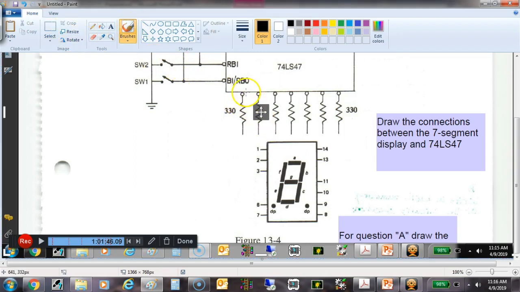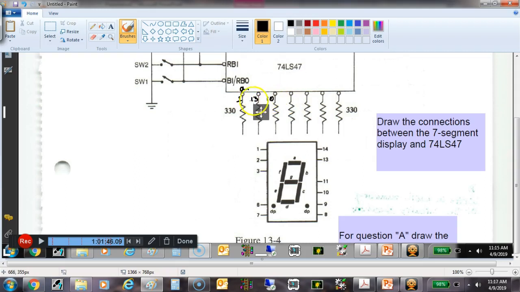Okay. So what we do, if this right here is A, this would be connected to pin 1. So first thing we need to do is number the pins. If this is going to be B, this would be pin 13. If this is going to be C, this would be pin 10.